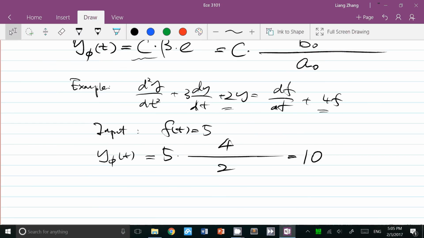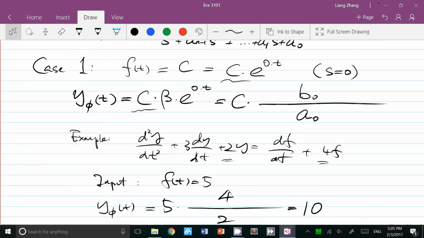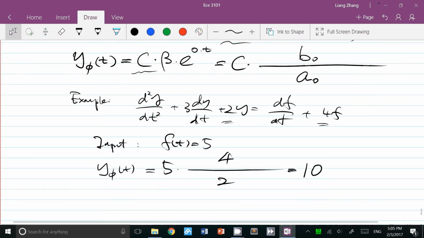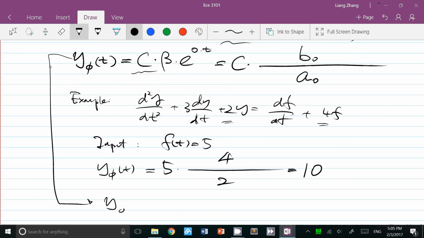So if we put it as a function of s, then the forced response in this particular case can be written as C, the amplitude of the input, times H of s equal to 0, right?